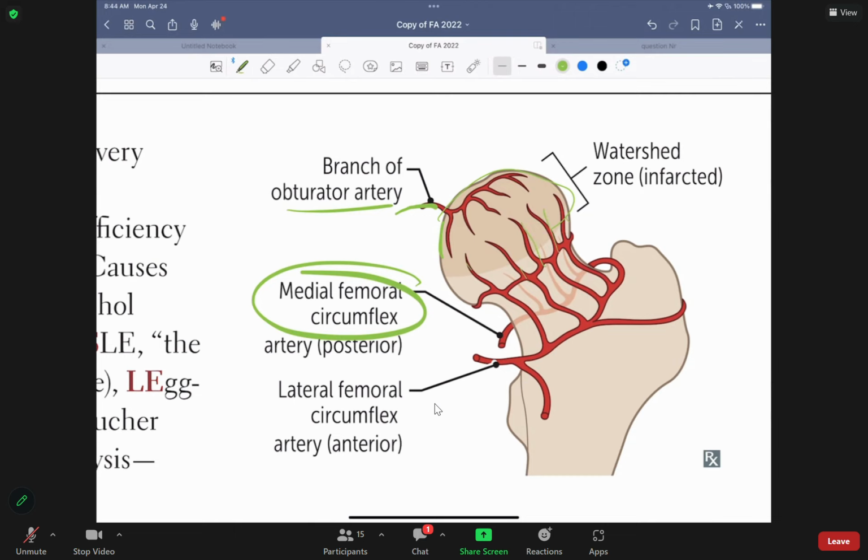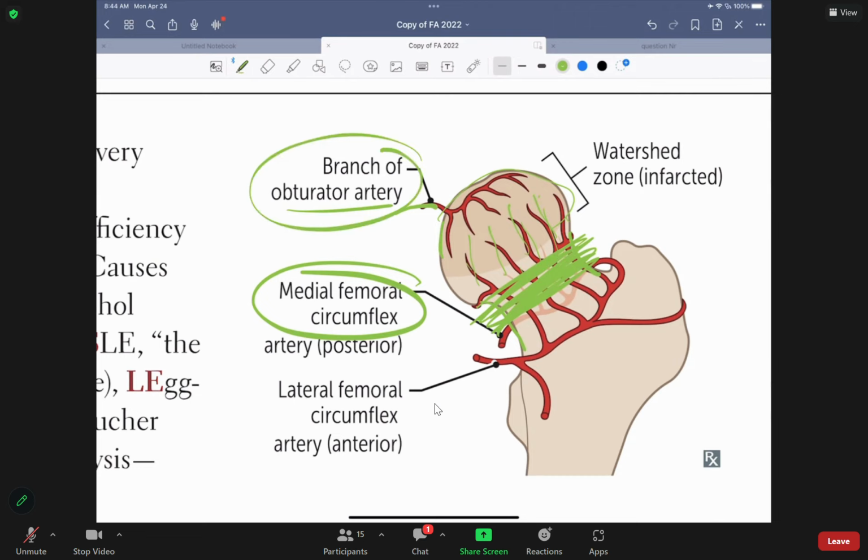This is what we call the surgical neck of the femur. Anytime you have a fracture of the surgical neck, it will destroy the medial circumflex artery. So if the medial circumflex artery gets destroyed, you think we could keep up the blood oxygen to the head of your femur? It cannot. So the head of the femur dies, because the obturator branch is such a tiny artery.